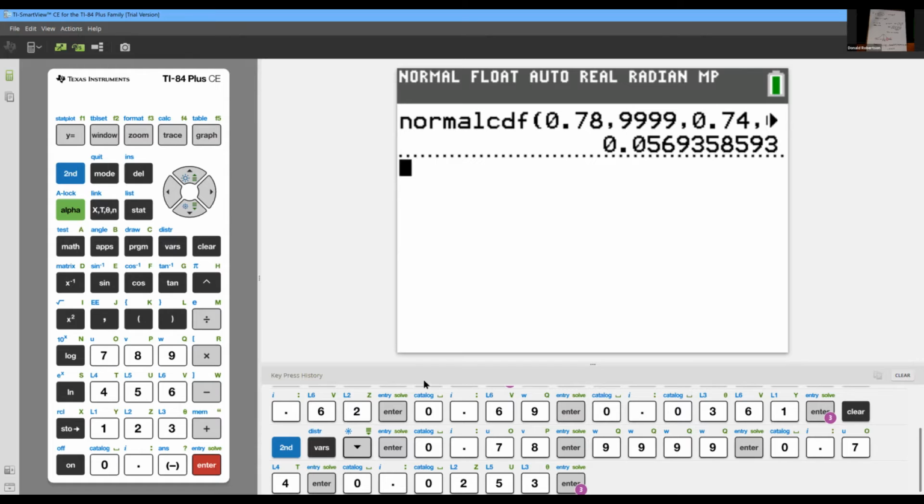Are we comfortable about how we found the probability that you get bigger than 0.78? 0.78 or bigger. The population mean is 0.74. The population standard deviation is 0.0253. So let's return back to what it looks like.